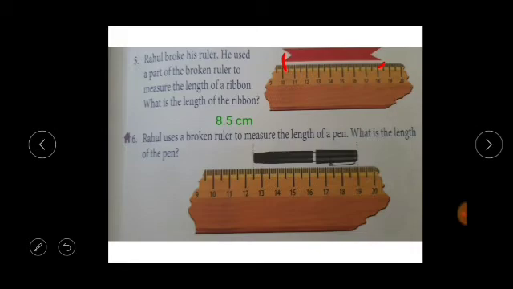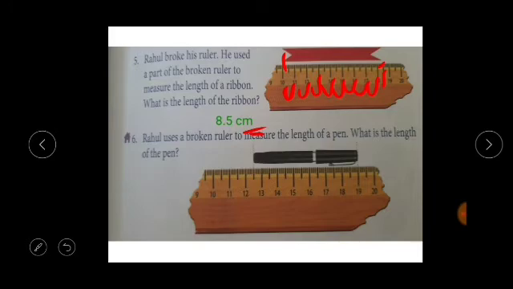So it starts from 10 and ends at 18.5. Okay. So how many centimeters? 1, 2, 3, 4, 5, 6, 7, 8, and 0.5. So the length of the ribbon is 8.5 centimeter.